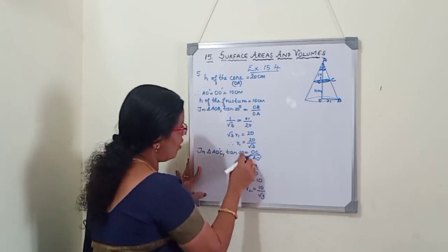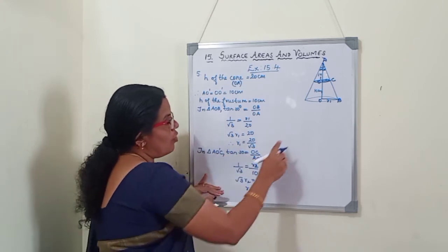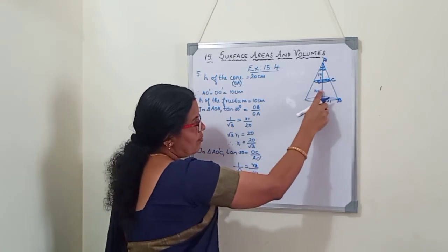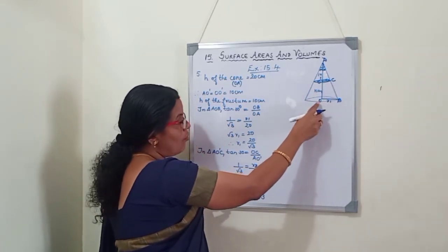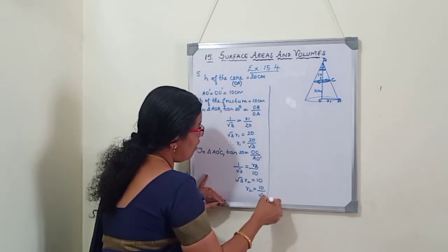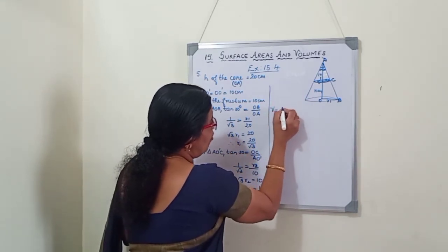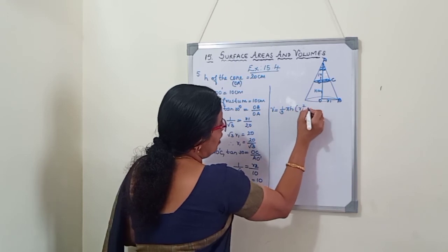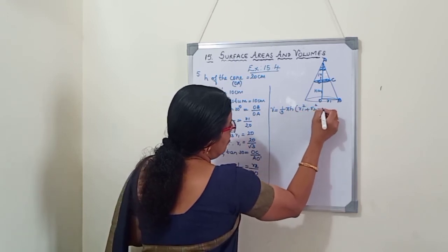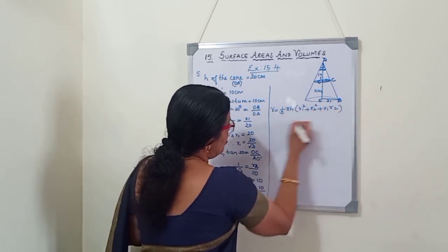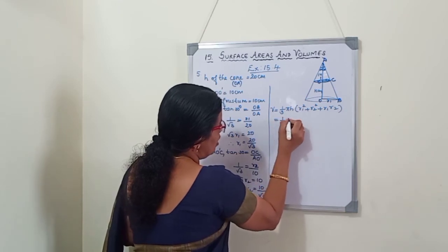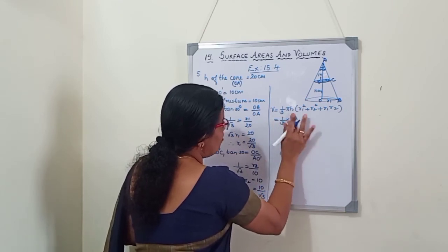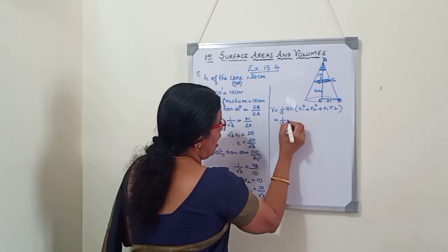So we got the value of R1 and R2, and we wanted to find the volume of this frustum. We will compare it with the volume of the cylinder. Now we will write the volume of the frustum. Formula is 1 by 3 pi h into R1 square plus R2 square plus R1 R2. So 1 by 3 into 22 by 7, pi we will write as it is, there we will cancel directly.